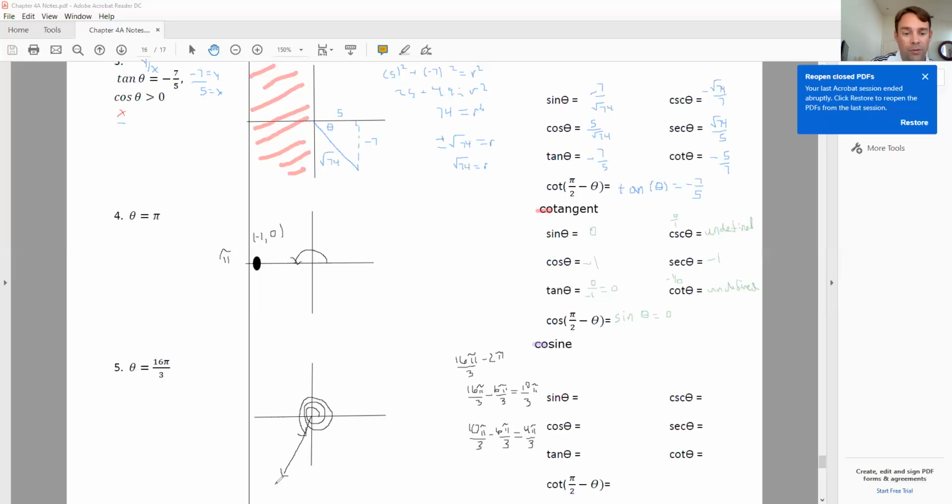So this is 16 pi over 3. All right, and that point on that unit circle would have been, so at 4 pi over 3, I would have had -1/2 and -√3/2.